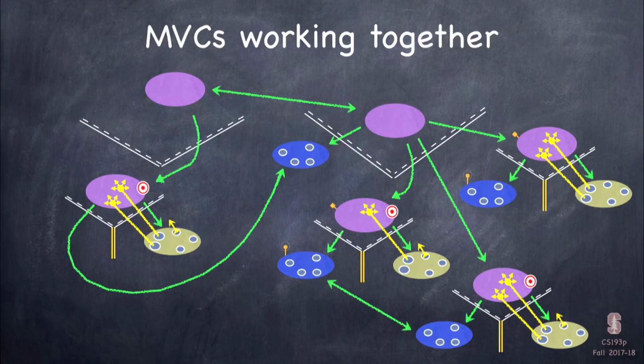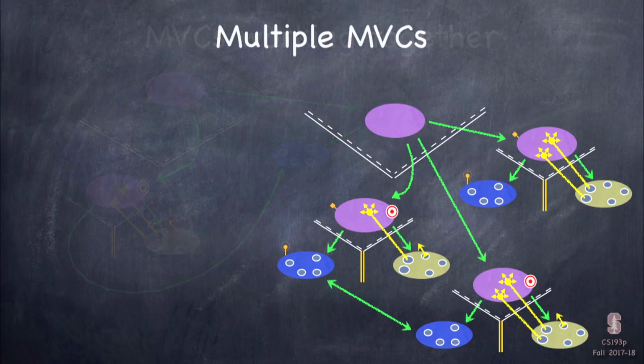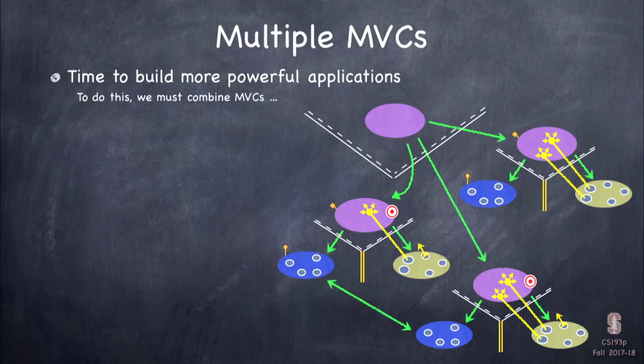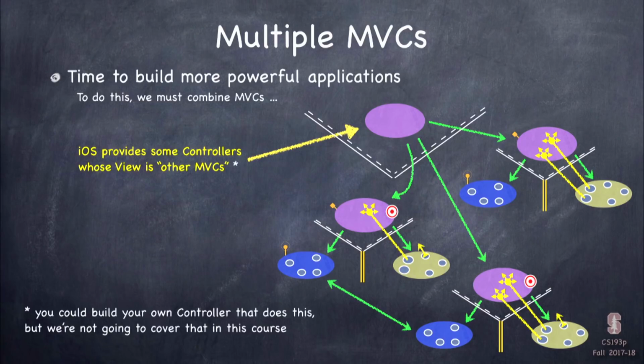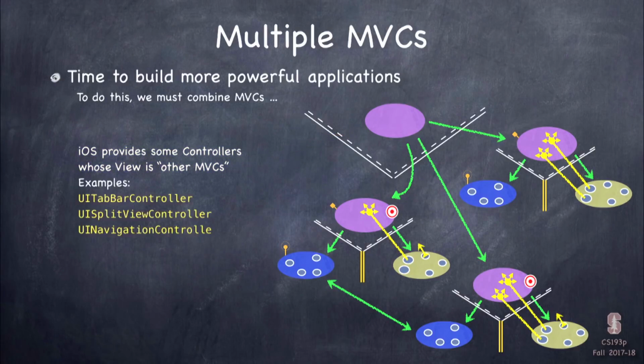So we're going to talk about how we make MVCs that are the view of other MVCs. We do this using some special controllers that iOS provides, whose view is other MVCs. Now, you could write your own special MVC whose view is other MVCs, but 99% of the time you're going to use one of the 3 that iOS provides: tab bar controller, split view controller, and navigation controller.